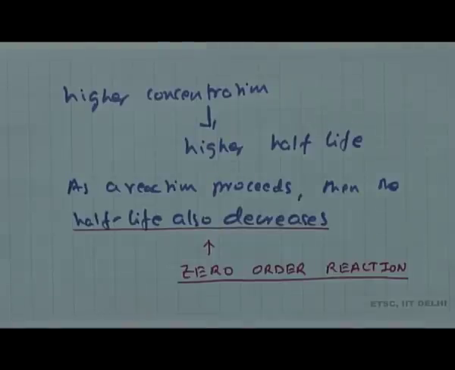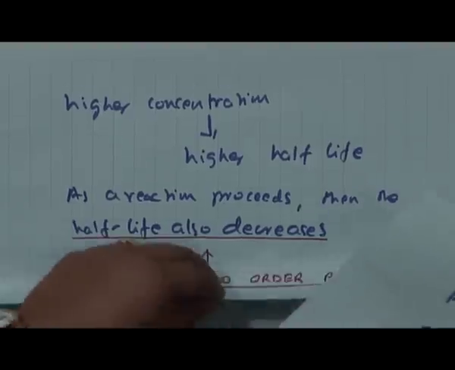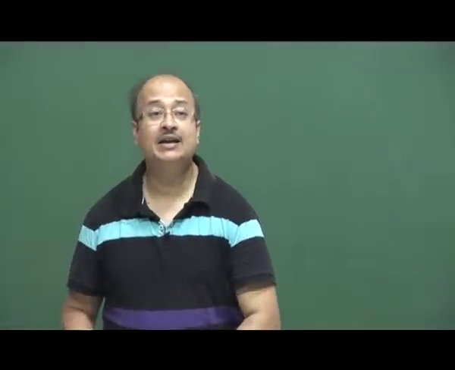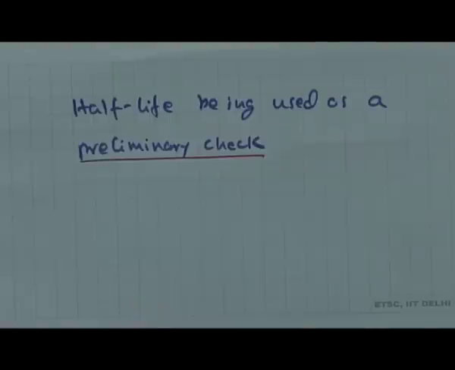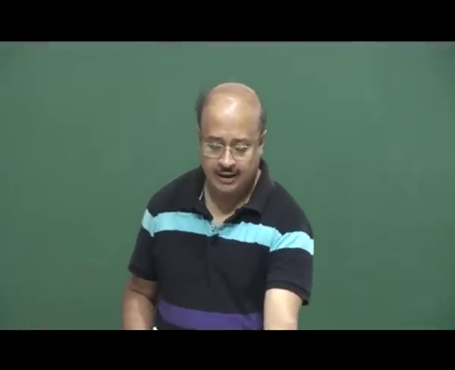As the reaction proceeds, your concentration is decreasing, and your half life is also decreasing, and this would be another signature of a zero order reaction, which then brings us to this feature of a half life, where we had said that the half life indeed can be used as a preliminary check of the type of reaction you have at hand.